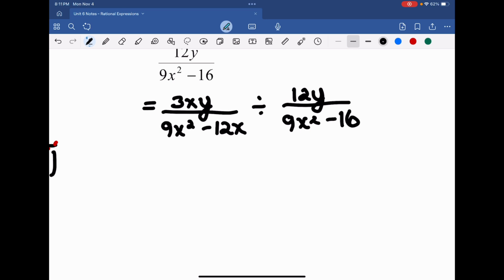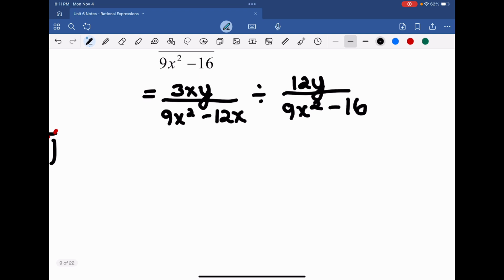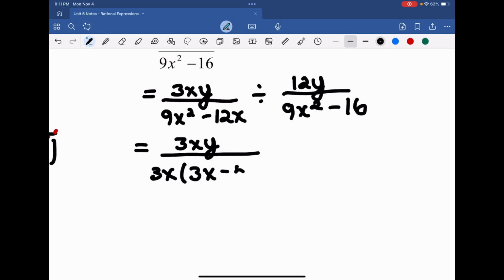Now, from here, you're probably looking at this thinking, hey, we could factor this more, couldn't we? Like, this is not done yet. So what we're going to do is factor this. And I'm also going to take care of the reciprocal step at the same time. Actually, no, let's save that for a second. So I'm going to write this as 3xy, which is fully factored as is. We can take out a 3x of this one, leaving us with 3x minus 4, because we divide both by 3, we also take off an x from each of them.